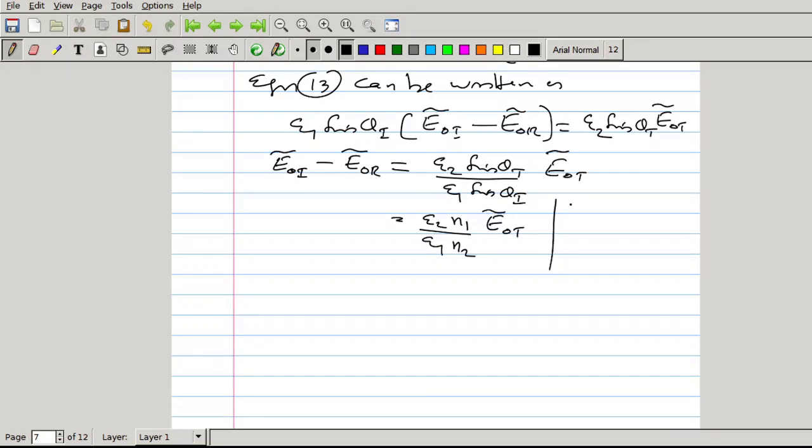Now, epsilon two n1 by epsilon one n2. We know n equals root of epsilon, so epsilon is n squared.